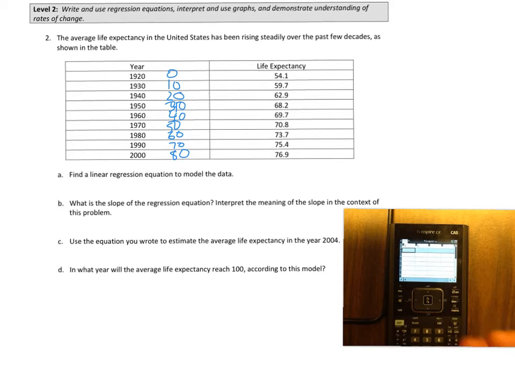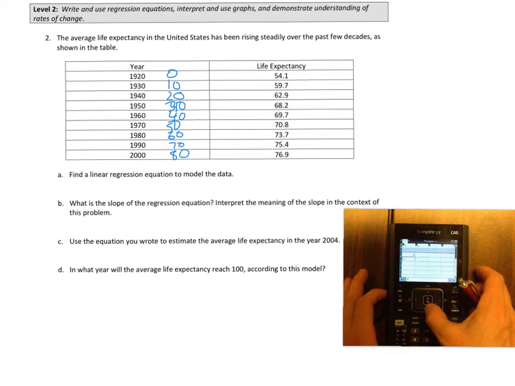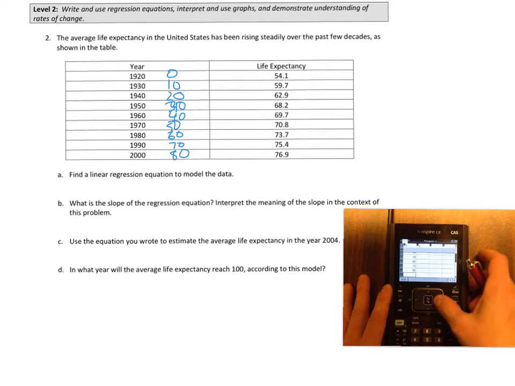Say I put a 2 there, it would make the whole column 2s. I don't want that. So I go down to number 1 and I enter my independent variable, my X values, which are 0, 10, 20, 30, 40, 50, 60, 70, and 80.